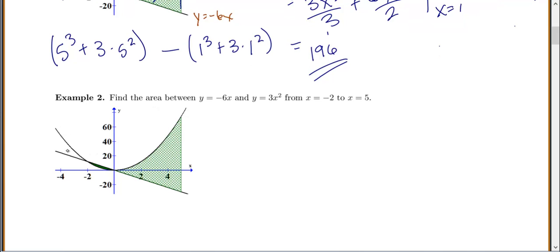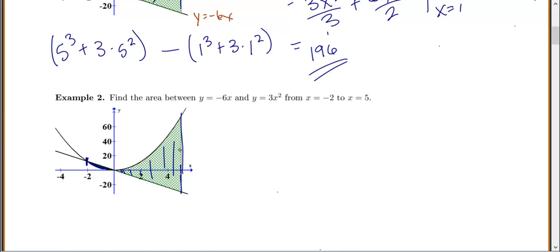Now though, let's change this a little bit. Okay, notice when you had the parabola and the line that they actually cross in a few places. So now what if we want to find the area from negative 2 to 5? So here's my negative 2, here's my 5. We want to find the area in between the curves. Well, notice over here, the line is actually on top, and over here, the parabola is on top.